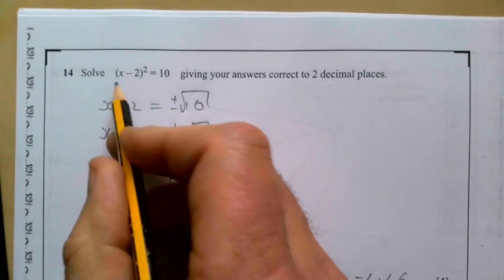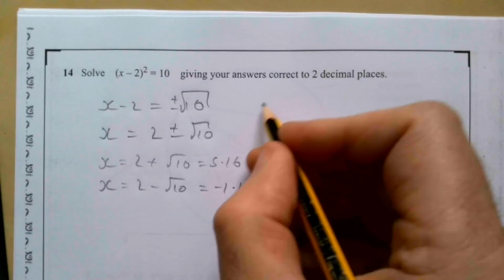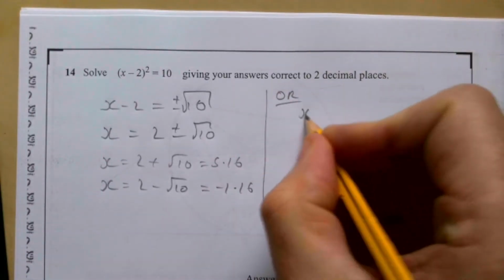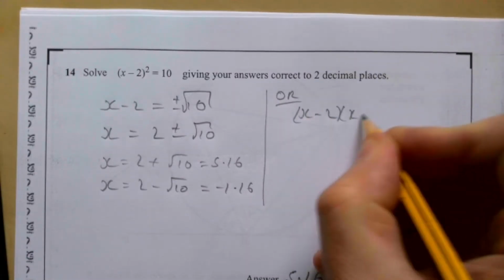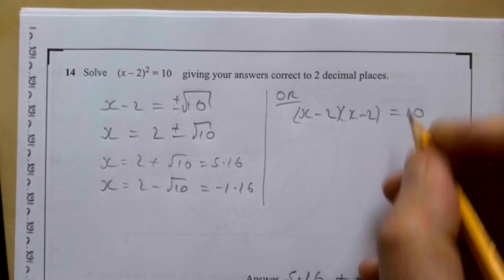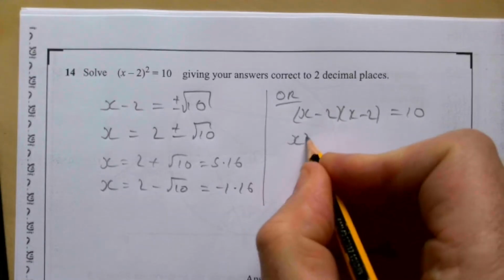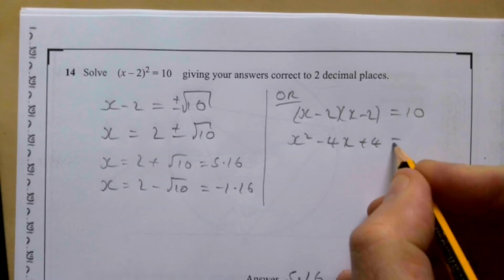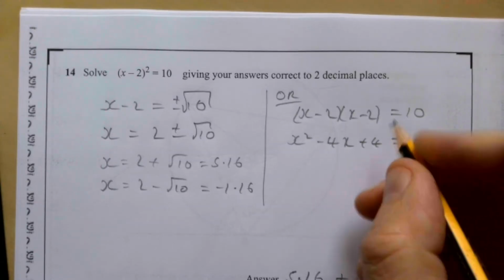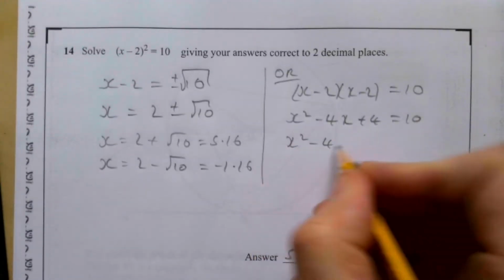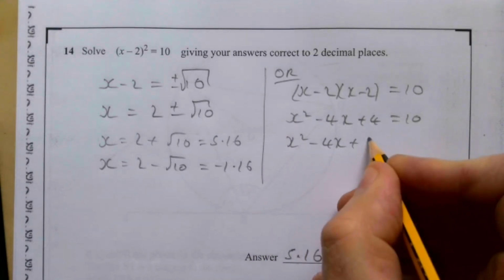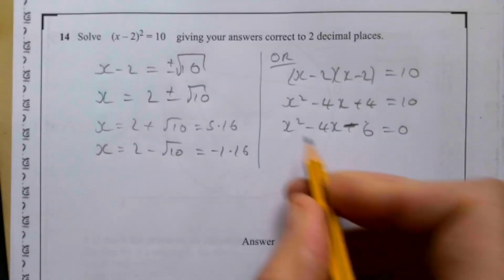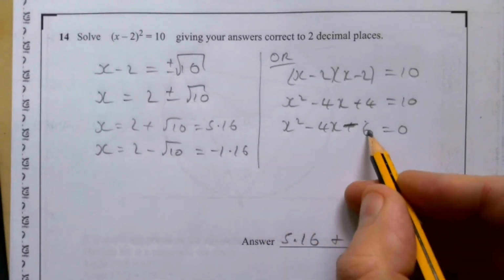The other way, which you might be more comfortable, if you're not comfortable with completing the square, don't be worrying about that too much, just multiply that out using FOIL. So your other option here would be x minus 2 all squared equals 10. I'll not go all the way through this, but you'll see what we're doing. X squared, outer, inner, minus 4x plus 4 is 10, and that gives me x squared minus 4x minus 6 equals 0, and then that one doesn't factorize, so we would use the formula.